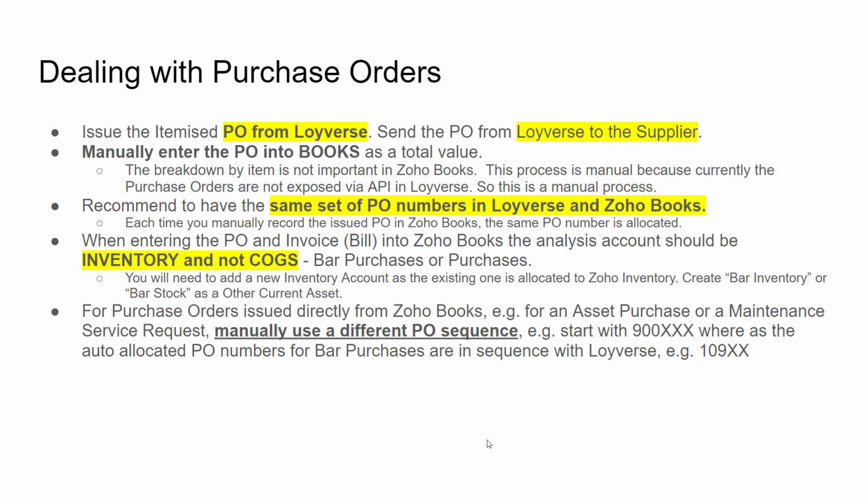When entering the PO and invoice bills into Zoho Books, for example, once the PO has been issued and you receive the invoice back from the supplier, which we would now be calling a bill, when you enter it into Zoho Books, the analysis code should be inventory, and it should not be cost of goods sold, i.e. bar purchases or purchases, right?